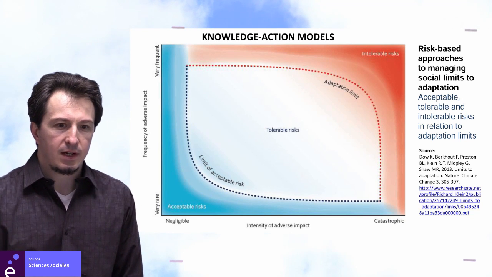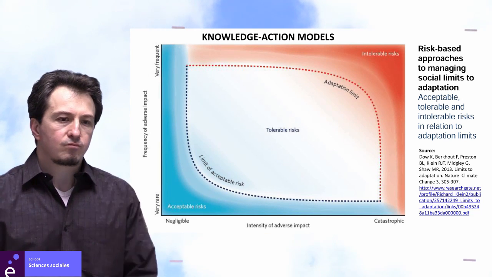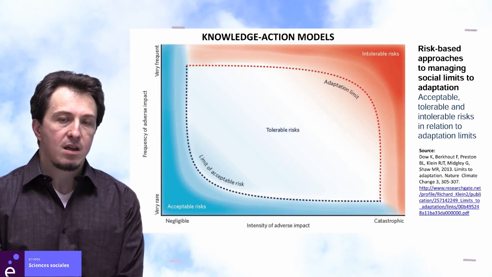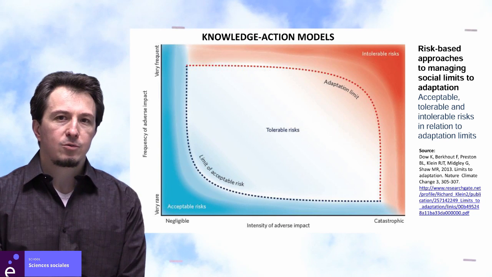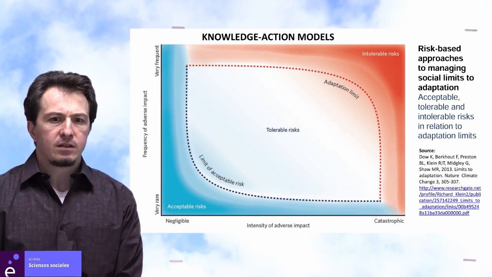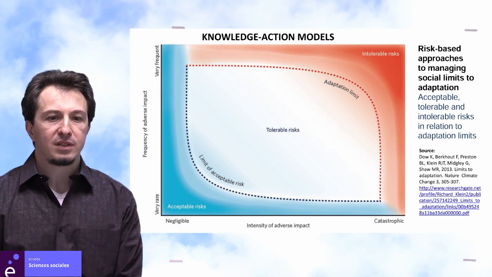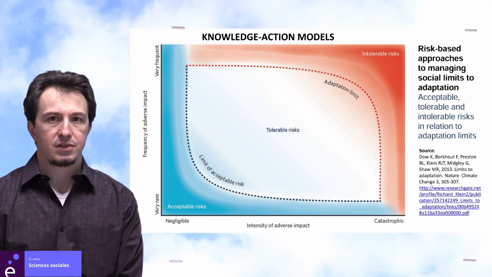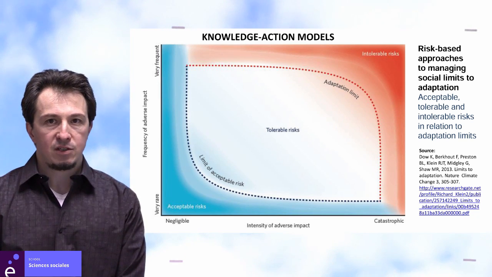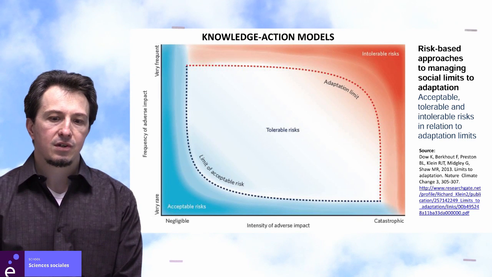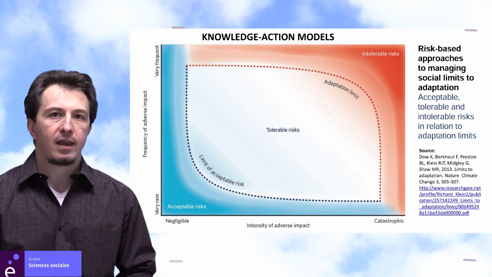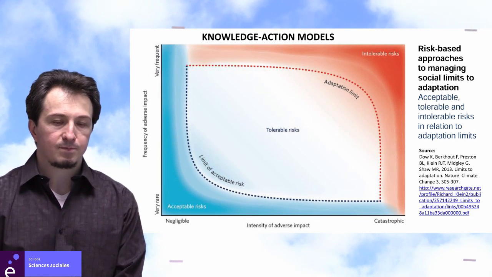Let me start with this first slide on adaptation, because in one of the live meetings that we had, we discussed a bit also the relation between adaptation and risks, or how might we define adaptation in terms of risks so that it's something better understood by people in both Europe and North America and in the rest of the world.